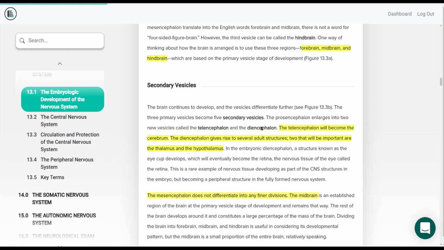The other term here that you're going to hear a lot about is the diencephalon. Now this name, diencephalon, is referring to basically the center, the core of the brain. When I think of the brain, and you'll hear me describe this, I think of a peach, right? So you have the edible, fleshy part of the peach, the part that you can eat.